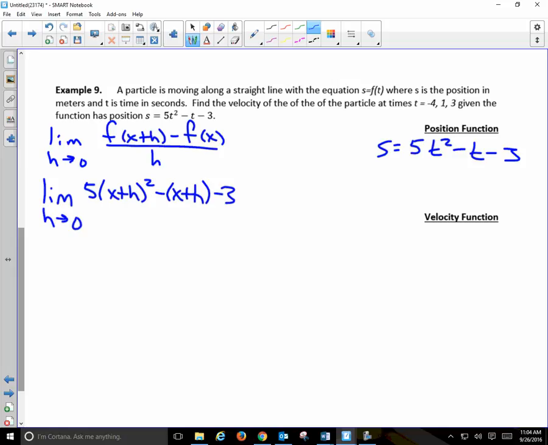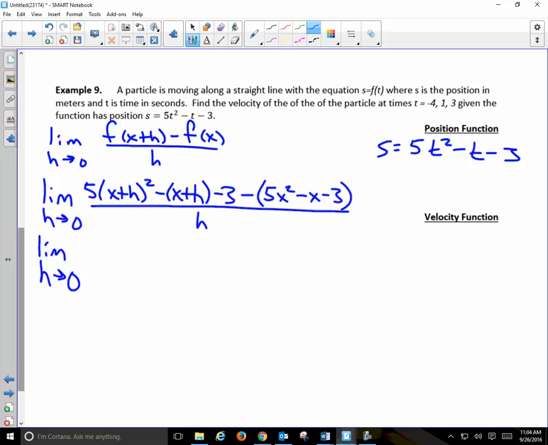Now I'm going to subtract. What do I plug in now for the function? I just plug in x. So minus 5x squared minus x minus 3. And that's all over h. Okay, this can get kind of lengthy, but that's all right.